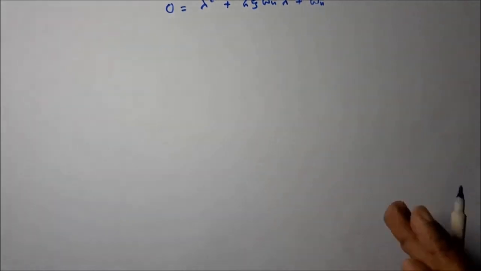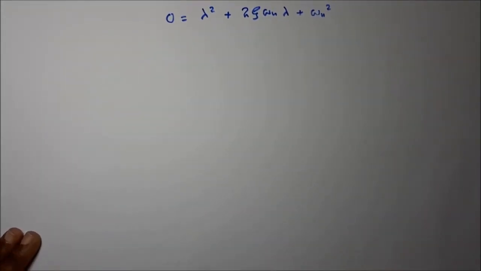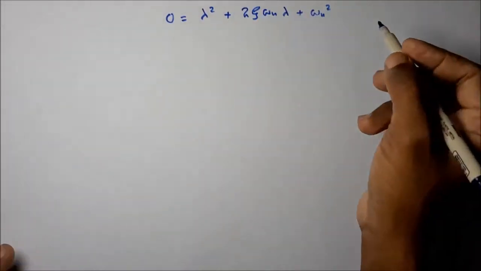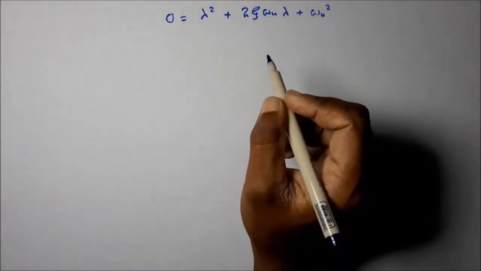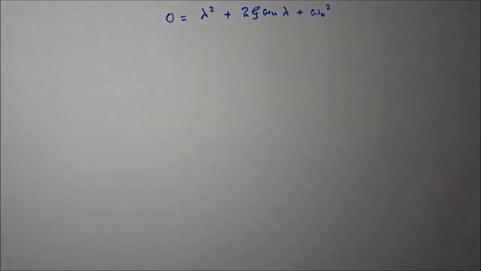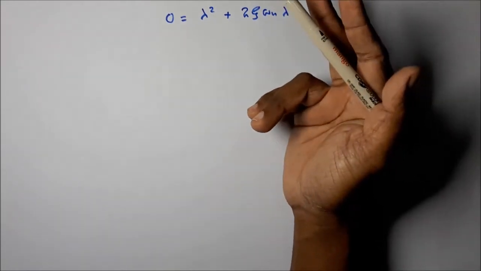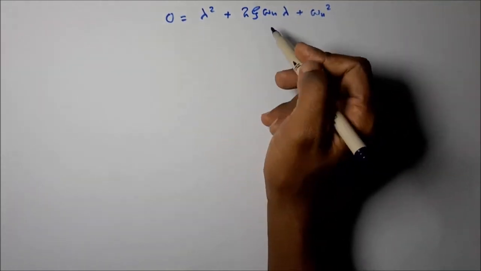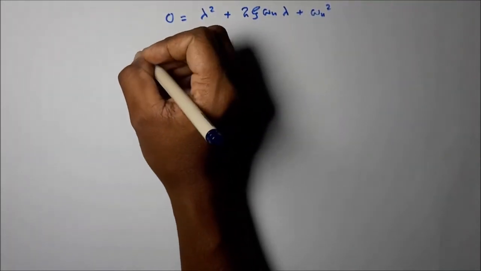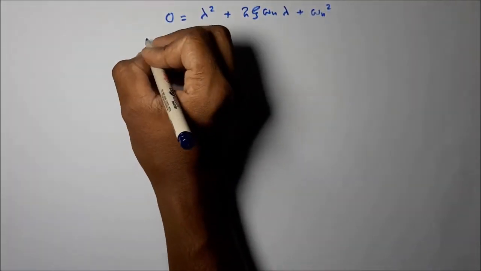See, the quadratic equation we are having. Then we are going to find the solution of this equation, to find the lambda values, because here we have two lambda values.